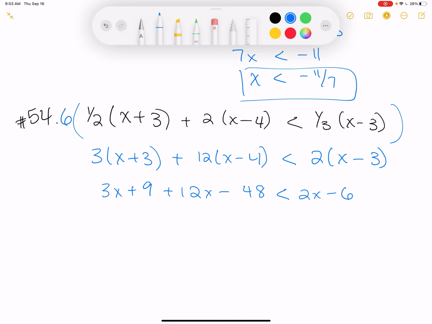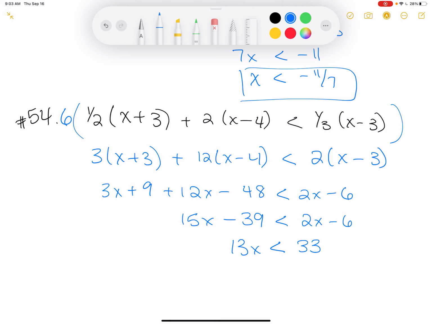And then combine like terms: 15x minus 39, less than 2x minus 6. I'll move the x's to the left and the numbers to the right. So this is 13x less than 33.